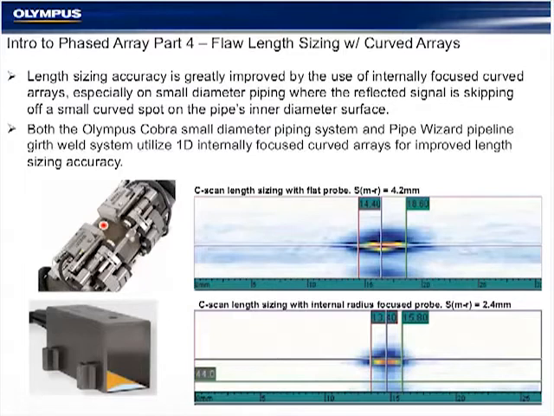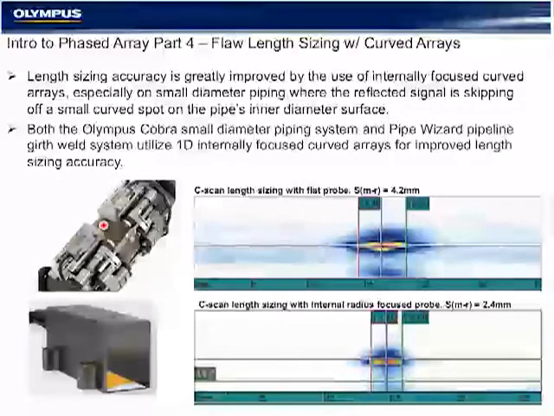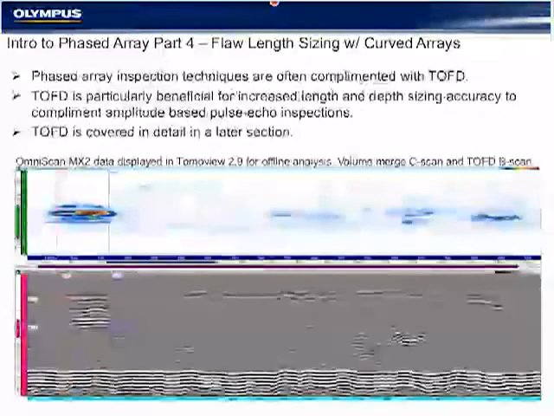In other words, any flaw on a small diameter pipe potentially could be distorted to look like a reject, whereas if it were accurately measured, many of them would fall within the acceptable limitations for non-fusion or for other types of flaws. So length sizing, very important. Goes directly to the reject.